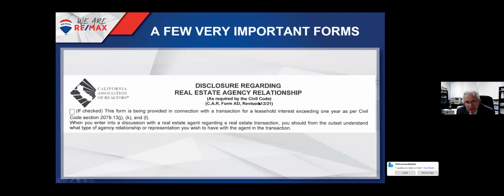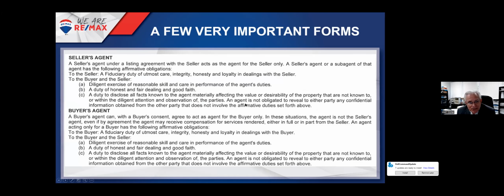In the agency relationship form, it specifies what a seller's agent's duties are, what a buyer's agent's duties are, and then ultimately what an agent who's a dual agent's duties are. And the key word that can get you into problems is "utmost care." That is a very general term, and courts, absent limiting that, have held agents to a very, very high standard.